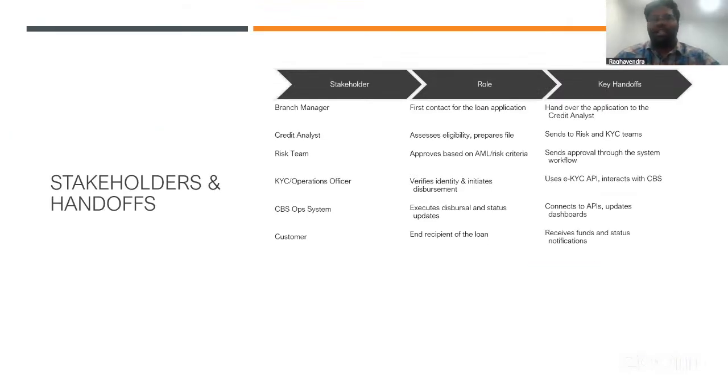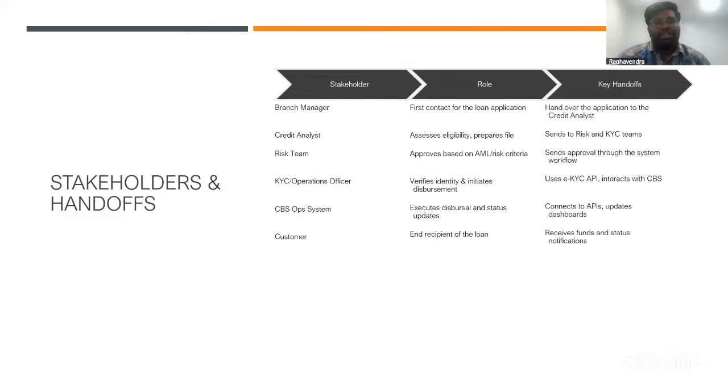So here are our stakeholders and handoffs. Like we spoke about our stakeholders in the discussion, these are our key stakeholders. Namely branch manager, credit analyst, risk team, KYC operations, CBS ops system, which is a system we have in place in the proposed solution, and the customer.